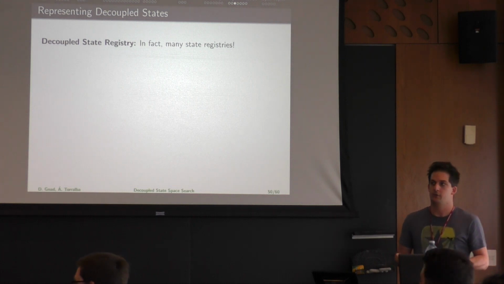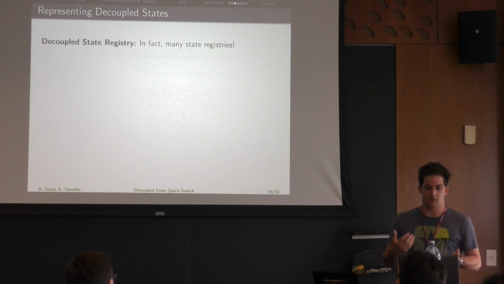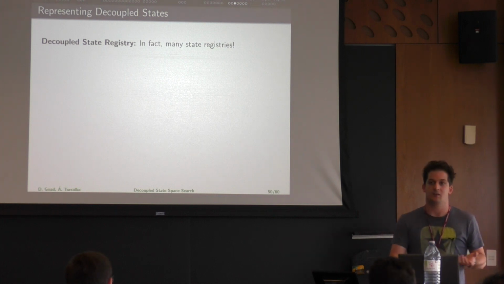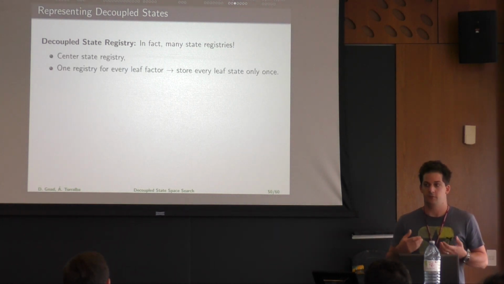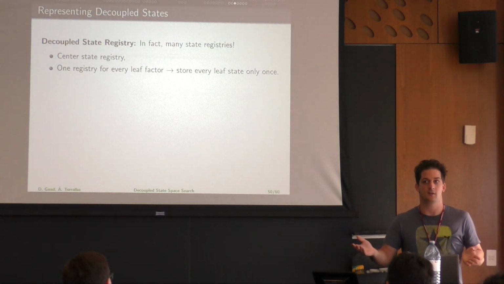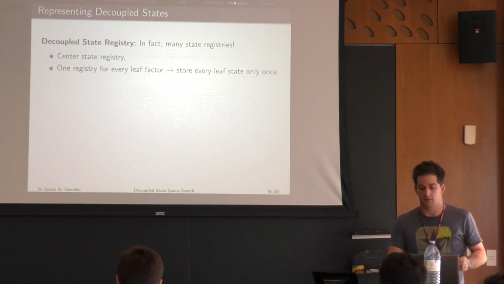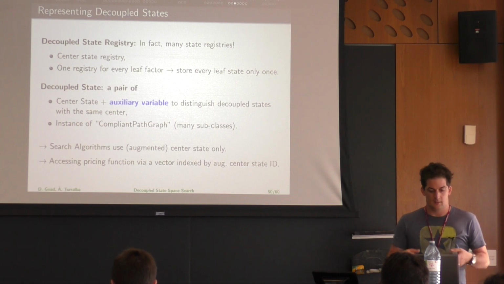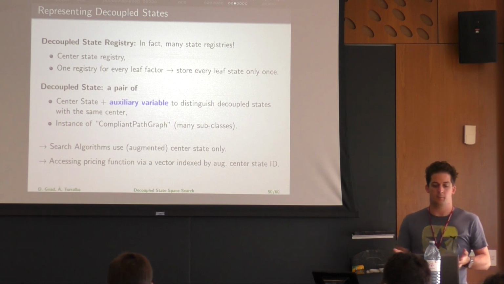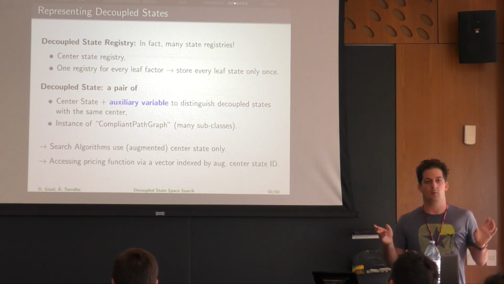So how do we represent decoupled states in Fast Downward? Basically, we have a decoupled state registry, which in fact is many state registries. We have one registry for the center states that stores all different center states, and one registry for each of the leaf states, so that we really only store each leaf state once. Then every decoupled state is a pair of a center state and an instance of what we call the compliant path graph.